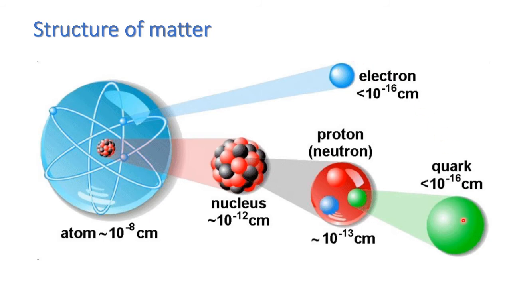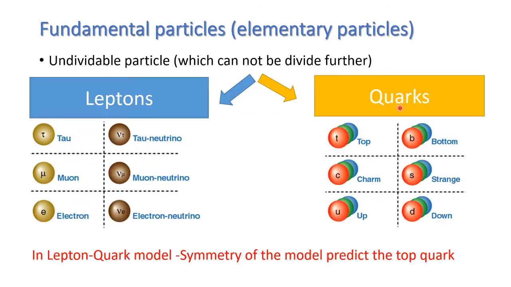The meaning of that is they cannot be divided further, indivisible, right? As I mentioned, we have quarks, and the electrons come under the leptons category, right? So an indivisible particle is what we call a fundamental particle or elementary particle.